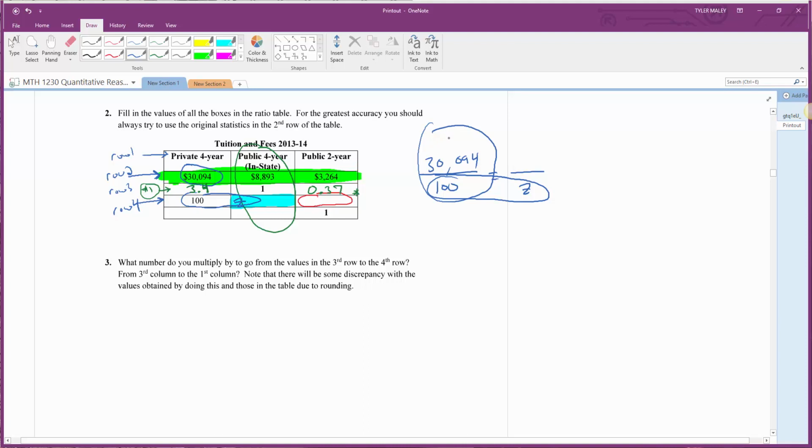Whenever you're setting up a proportion, one thing I recommend to students is what I call the L check. Notice how this makes an L shape. If things make sense vertically and also horizontally, making this L, then your proportion is set up correctly.